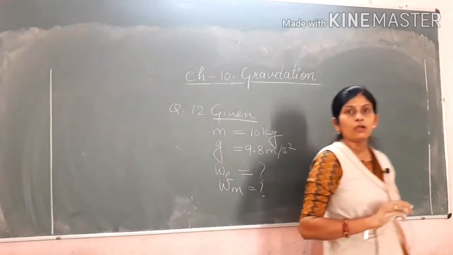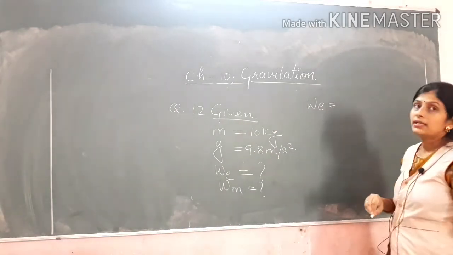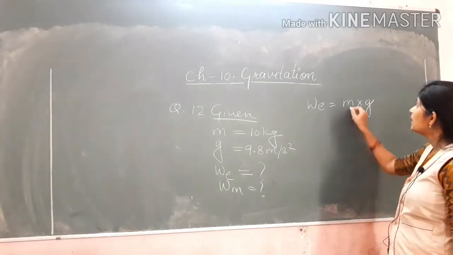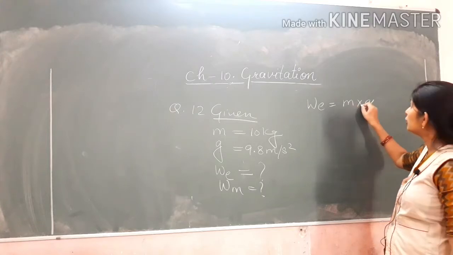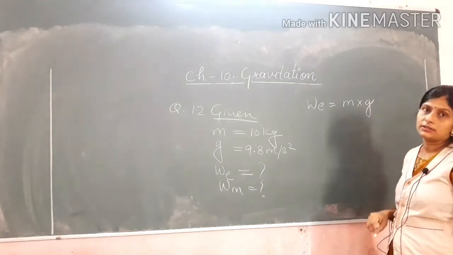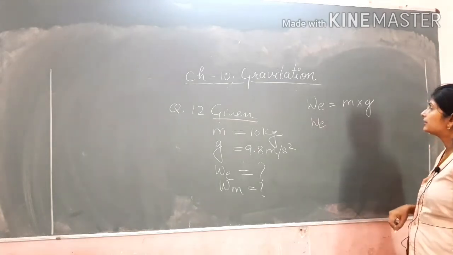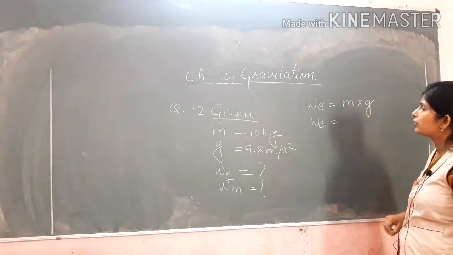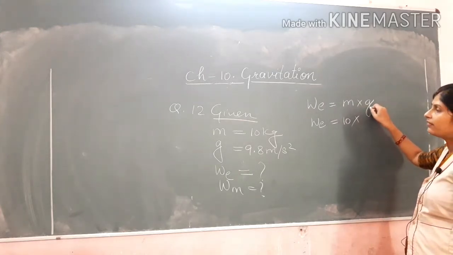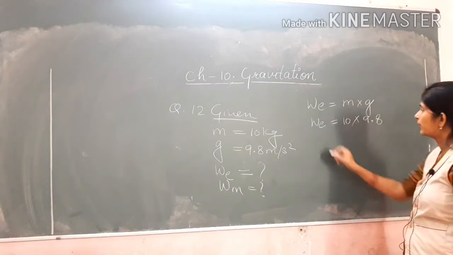Now, what is the formula of weight on earth? It is equal to mg, means mass of the object into acceleration due to gravity on earth. So weight of the object on earth, WE, is equal to mass of the object, that is 10 kilogram, into acceleration due to gravity on earth, that is 9.8 meter per second square.